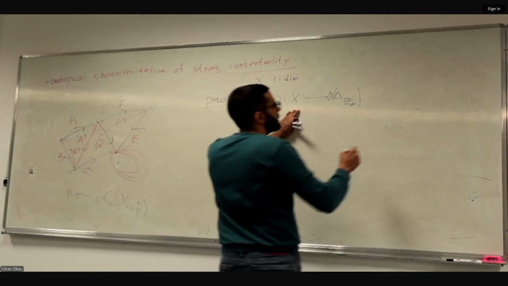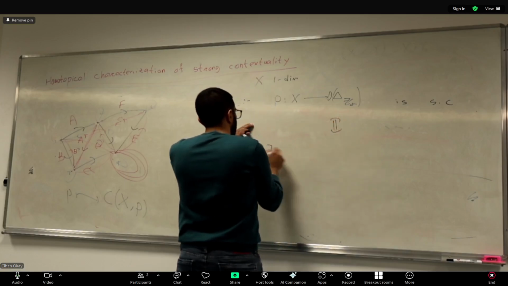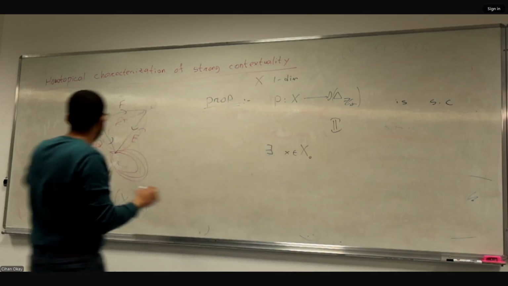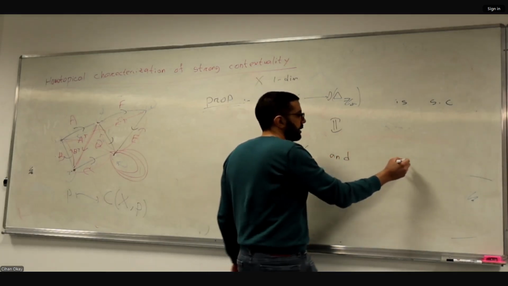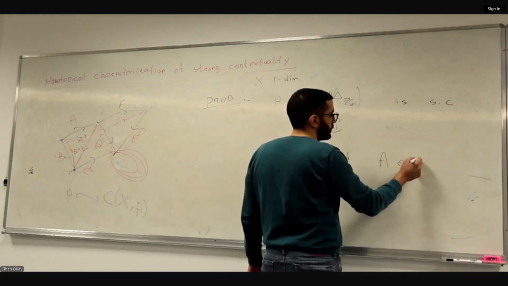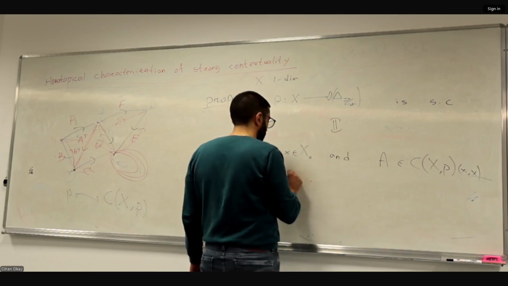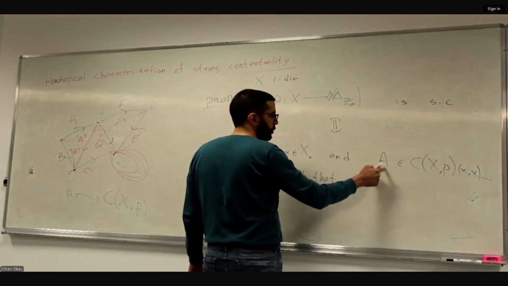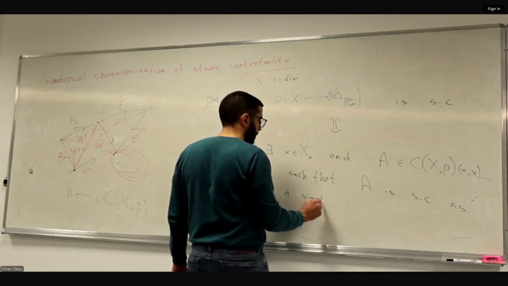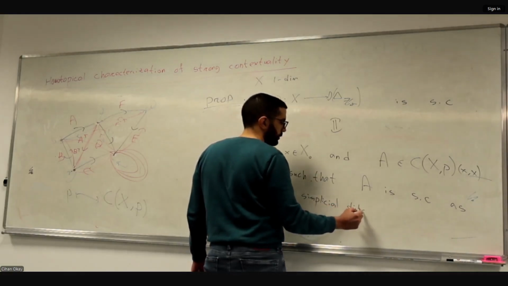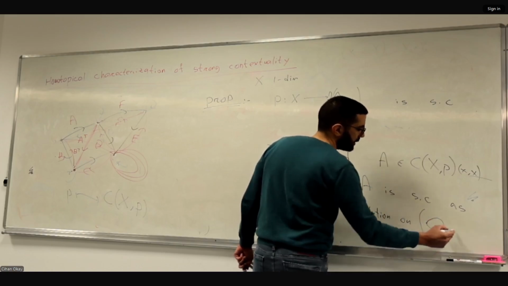And now this is strongly contextual if and only if there is some X inside X0, like some point, like some object in terms of category, and some distribution in C_{X,P}, such that this one is strongly contextual, as a simplicial distribution on this, like on a circle, the single circle with delta Z2.